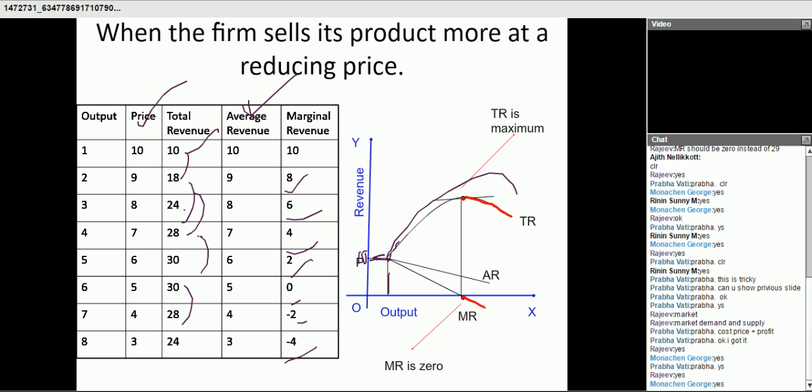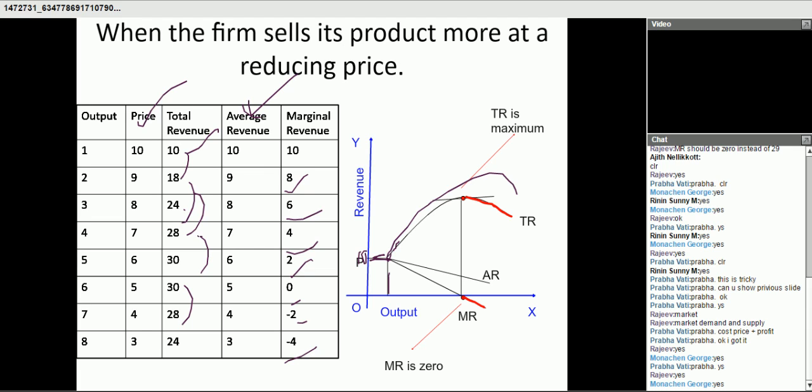It is 4, it is still 7. It is 2, it is 6. It has reached 0, but still it is 5. Now marginal revenue is negative, but average revenue is still positive. This is minus 4 and this is still 3. So it's decreasing, but it is decreasing at a lower rate or a slower pace.